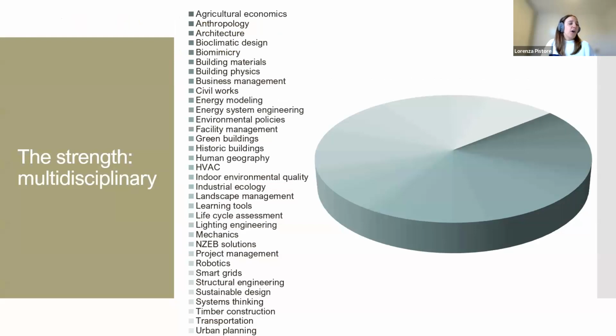The strength of the COST RESTORE action was its multidisciplinarity. I really don't want you to read anything from this plot, but what I want you to look at is the legend.